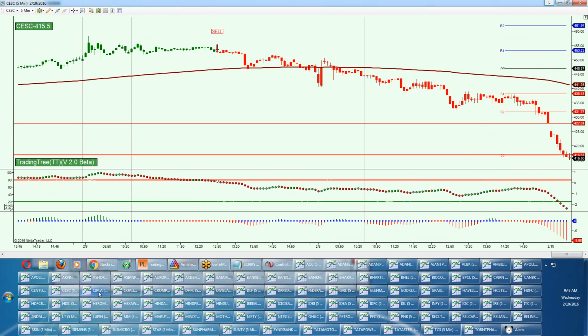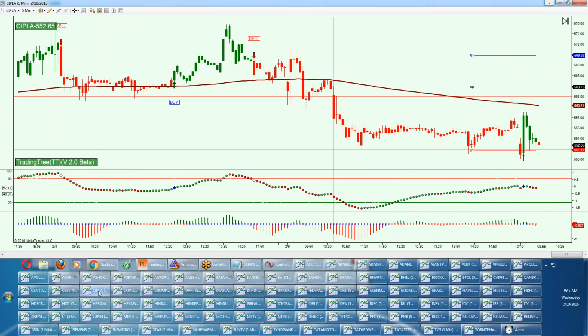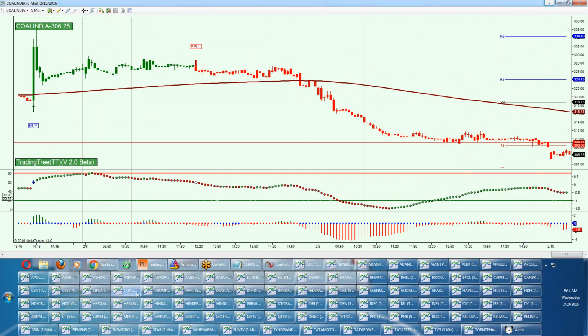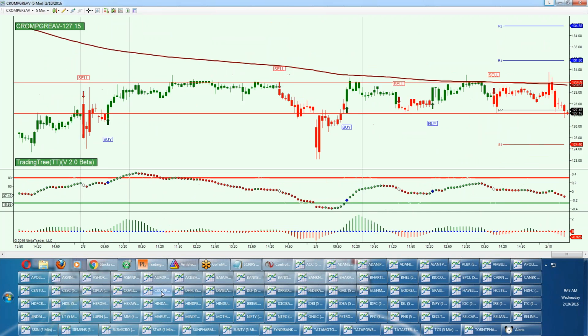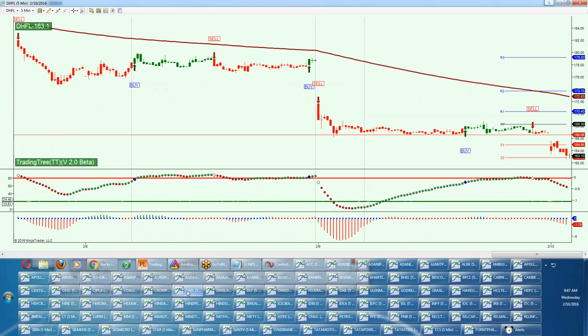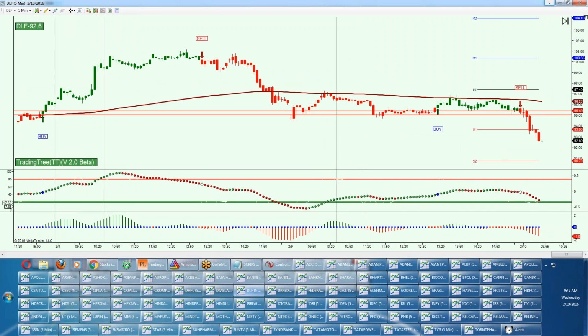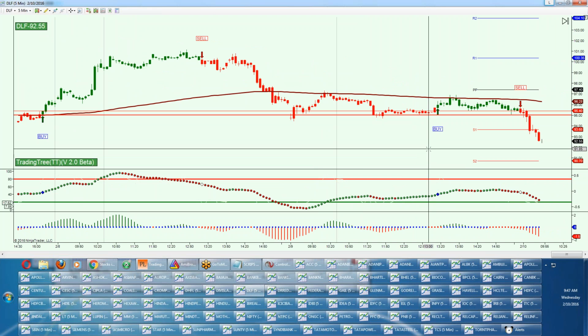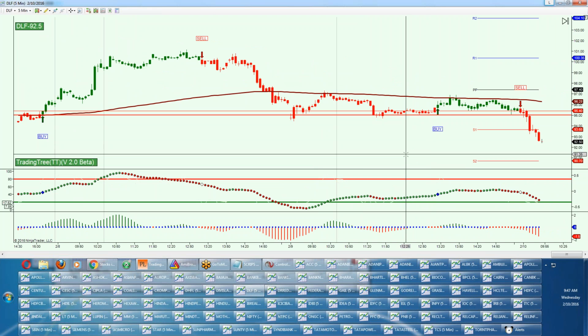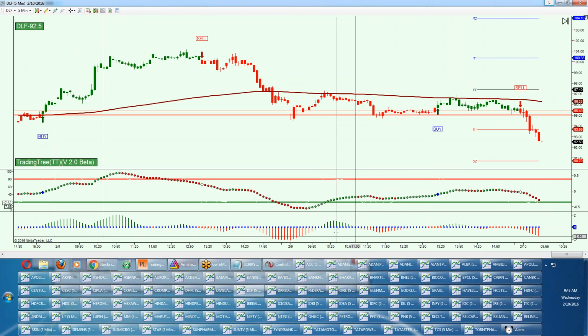Same thing with CESC. Cipla. So DLF, you can just see you're in profit. Your entry was 95. It's at 92.50 now.